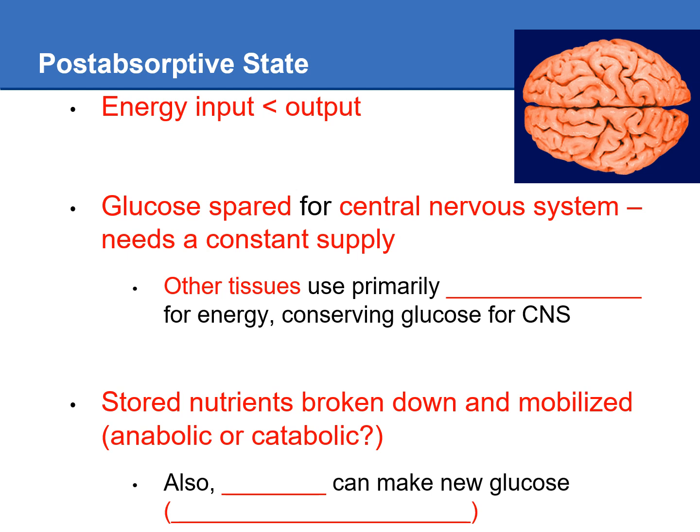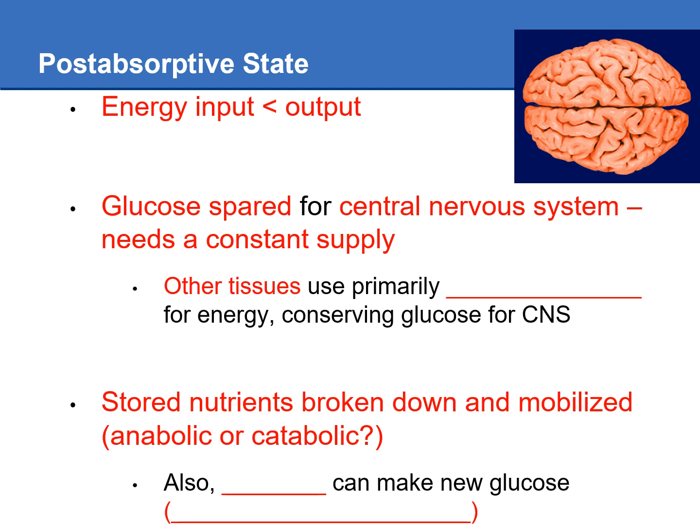And the body needs to make sure that there's enough glucose for the brain to use, because the brain is very picky as far as what it uses to make ATP. So the brain, its favorite food to make ATP with is glucose. And if glucose is not available, it can also use ketones.